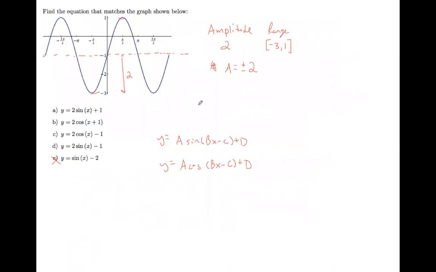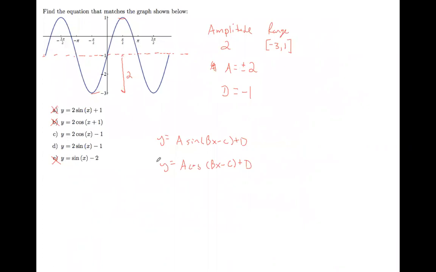We can see from our graph here that this was shifted down by 1 unit, because instead of going from -2 to 2, it's going from -3 to 1. Okay, so that's a downward shift by 1 unit. So our d is -1. So we're looking for equations that have 1 subtracted from the sine or cosine. Okay, so that's going to eliminate A and B.